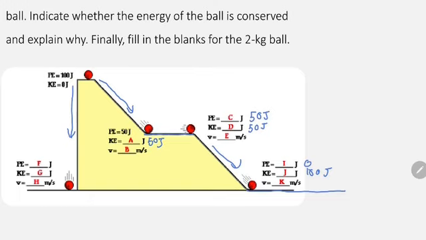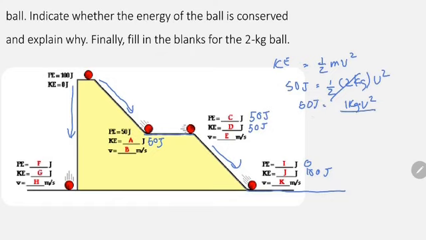Okay, now it would be easier to compute for the V. I mean, you already know how, diba? 50 joules equals 1/2 times 2 kilogram times V squared. Again, this will be 1 kilogram times V squared. 50 joules. Divide both sides by 1 kilogram. So 50 meters squared per second squared equals V squared. 25. That's so neat. 25 meter per second.